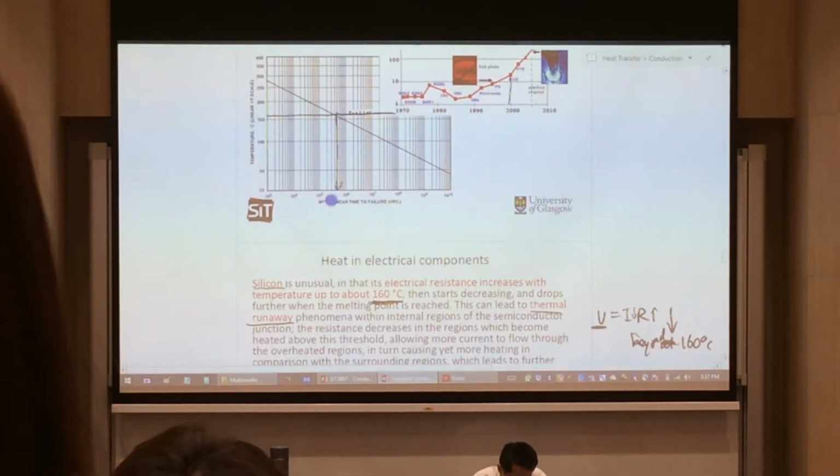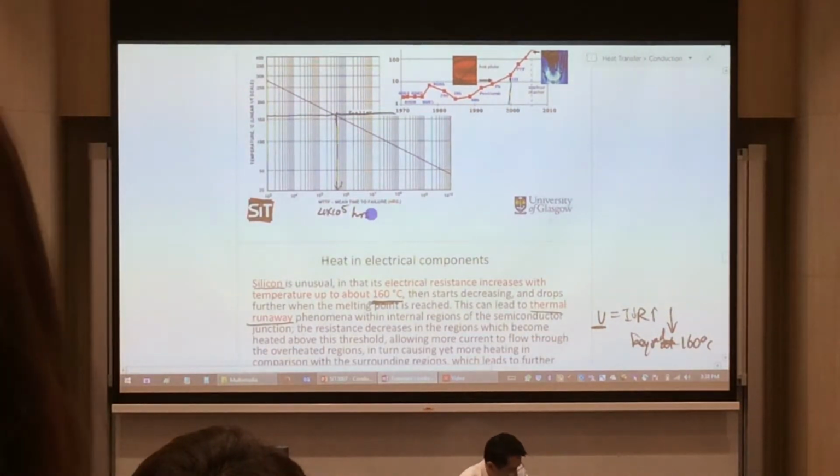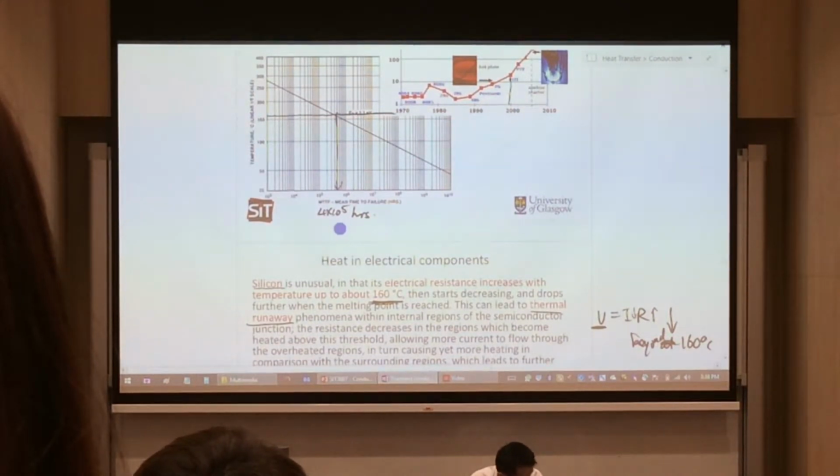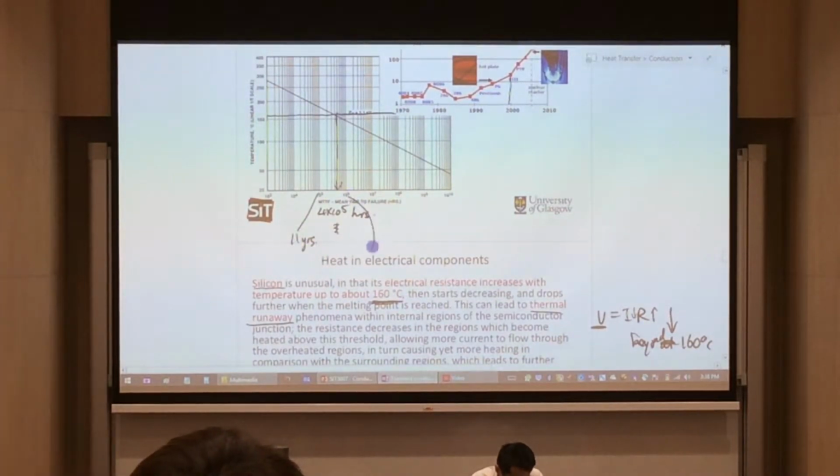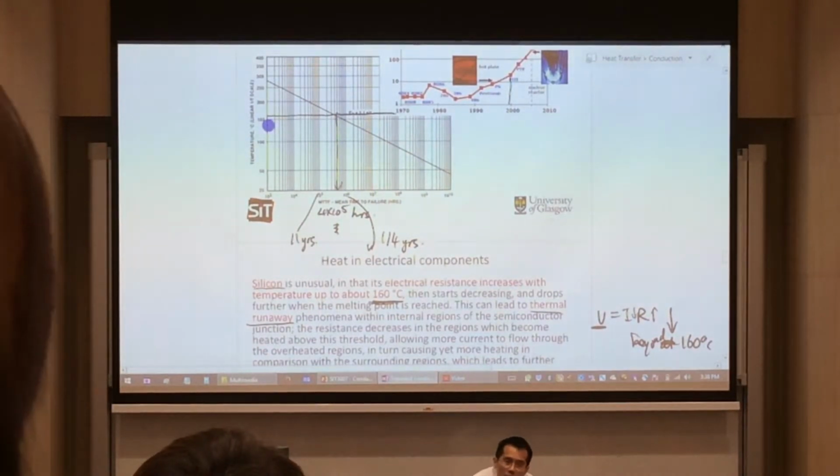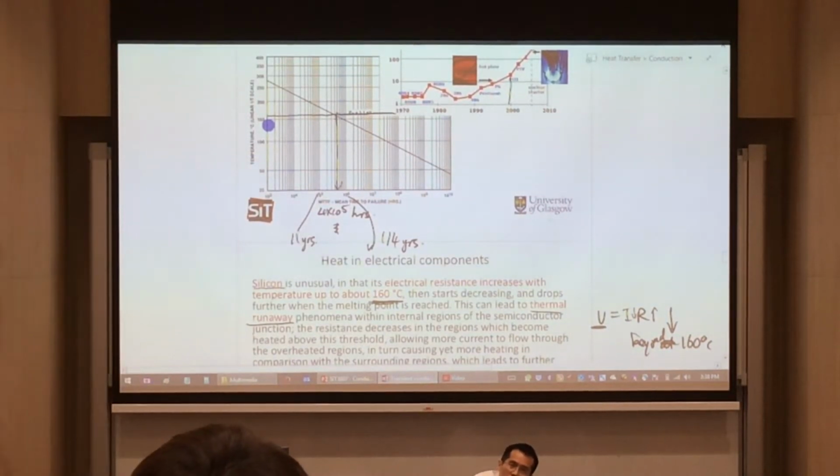So something like maybe 4 times 10 to the power 5 hours. 10 to the power 5 over here is 11 years. 10 to the power 6 over here is 114 years. Or somewhere in between.